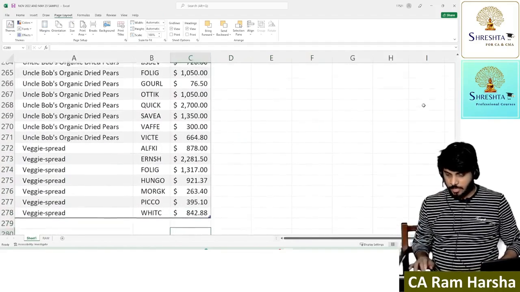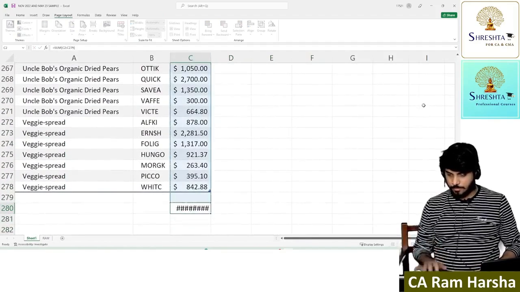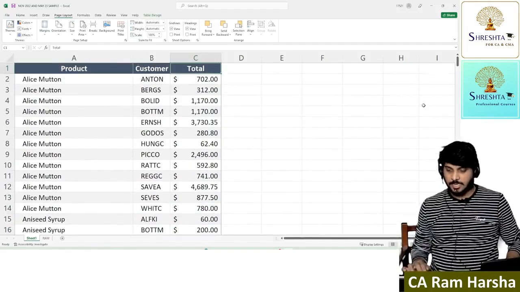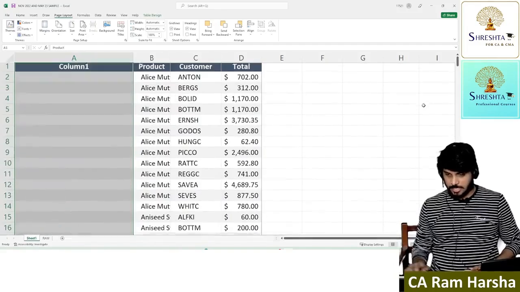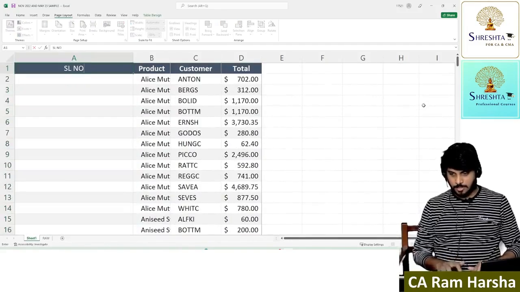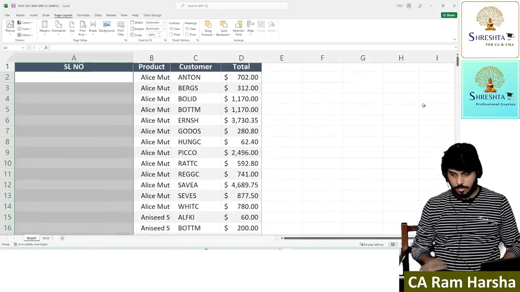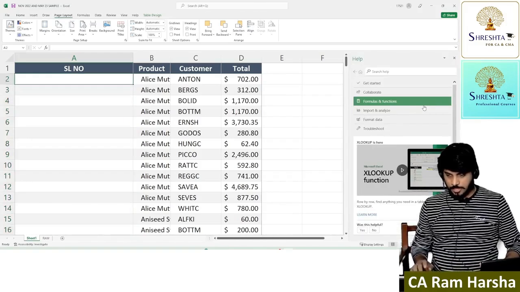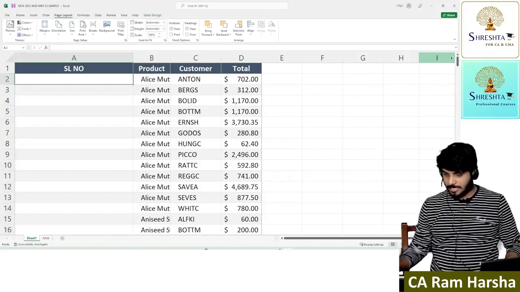Getting it? Now what is the population value? 1,54,491. Just understand the concept. How many transactions do we have? 277 transactions.